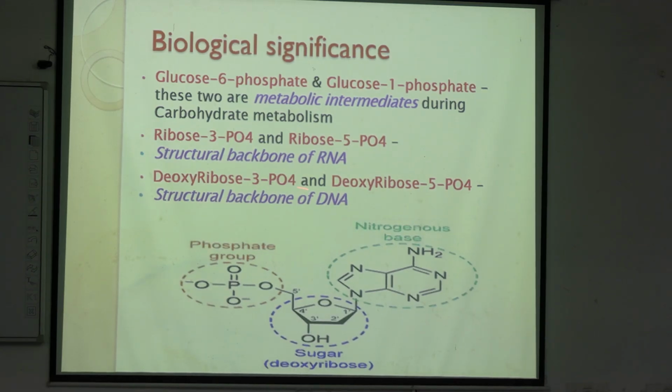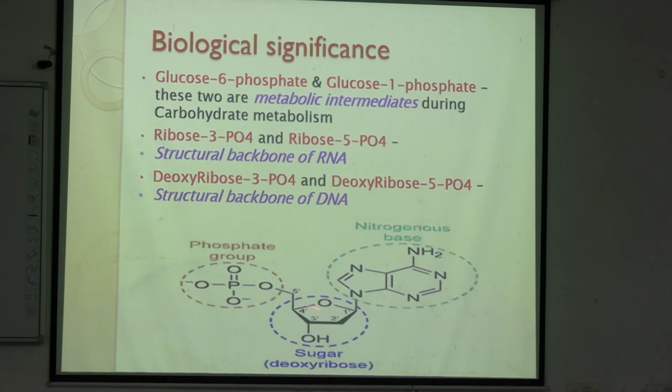Right? So this is the structure of a deoxyribose phosphate. So here, in the 5' end, the phosphate group is attached. What is the other carbon where another phosphate will get bound? 3'. So 3', because here is a free OH group.